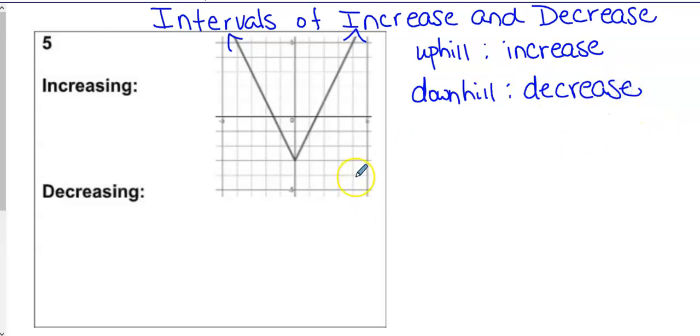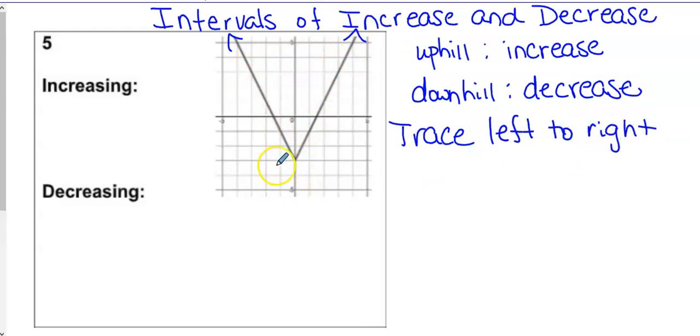Also, what I want you to think about here is I want you to trace, in other words, run your pencil across here from left to right. So always go left to right to look at this key feature. I don't need to know anything but the axis of symmetry. So all I need to know right here is where is the axis of symmetry on this thing?